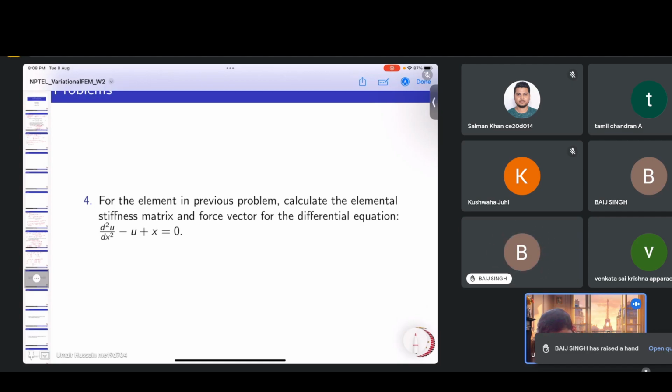So the weak form of this problem would be, we ignore the boundary term here.